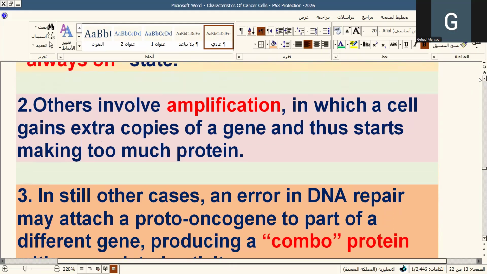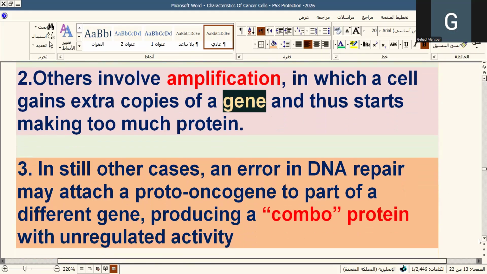The first one was permanently turned on. The second one is amplification. So you have a gene that codes, for example, for the growth factor receptor that binds with the growth factor to initiate cell division, and that gene becomes amplified. What does this mean? This means that the cell will have extra copies of the gene.